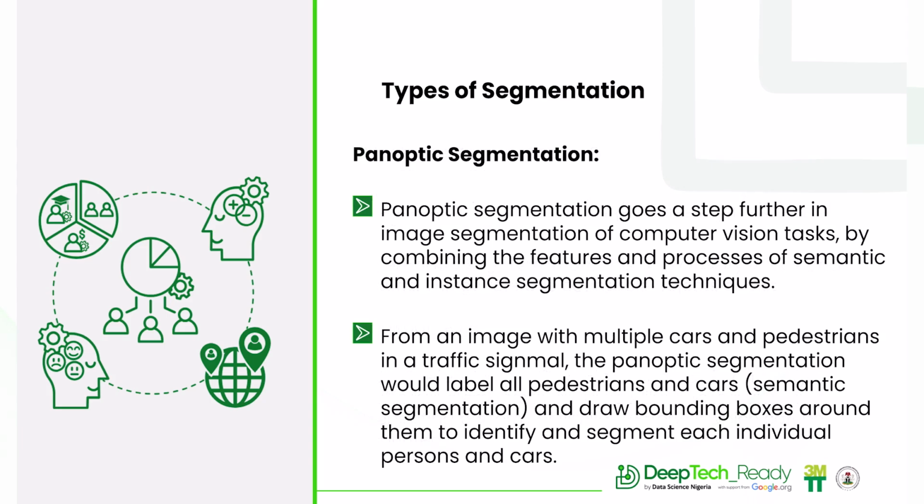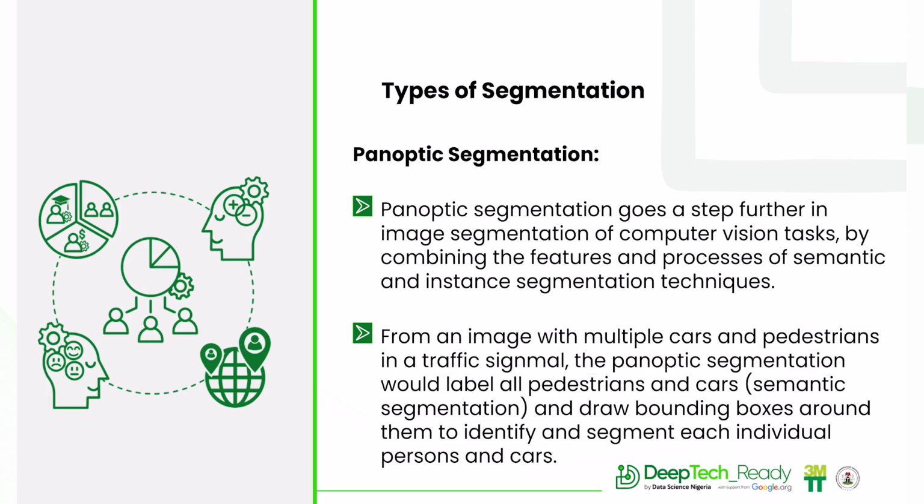All right, let's keep going. So the last type of segmentation that we might want to observe in this lecture is panoptic segmentation. So what exactly is panoptic segmentation? Panoptic segmentation goes a step further in image segmentation of a computer vision task by combining the features and the processes of both semantic and instance segmentation technique.